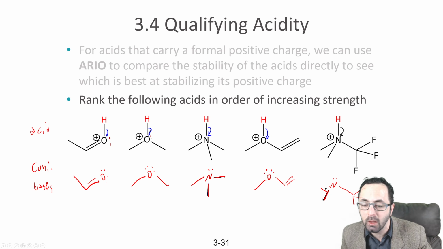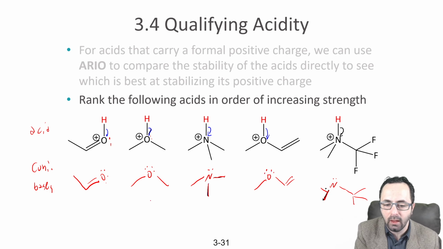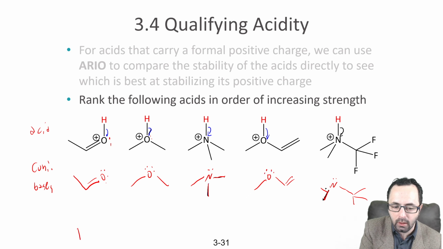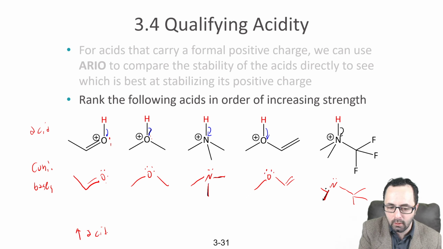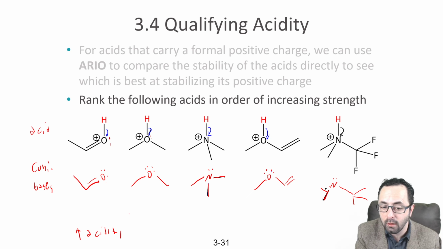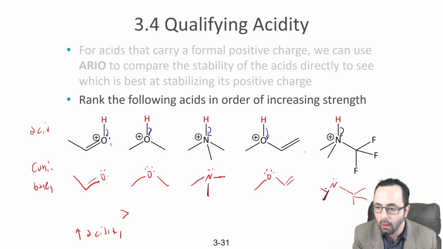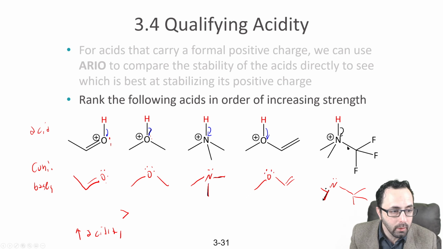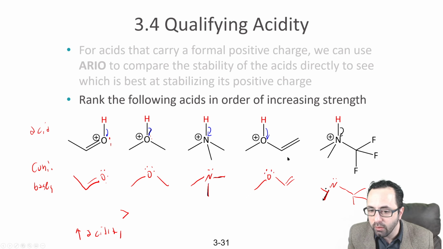So in terms of stability, we've already said that, and so in terms of greater acidity, okay, the least acidic is going to be the ones with the nitrogen. Now you can see that leaves us this structure here and this structure here.